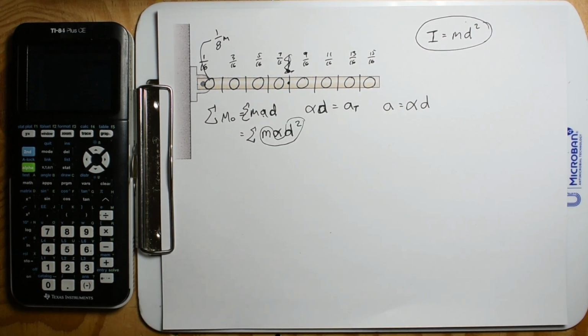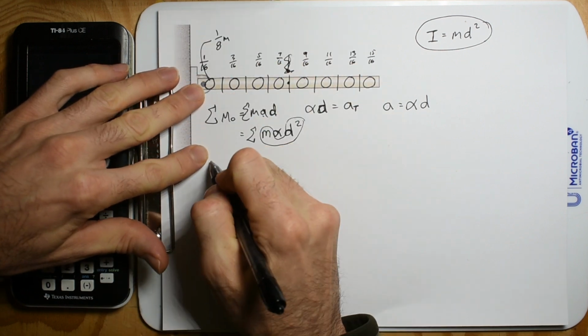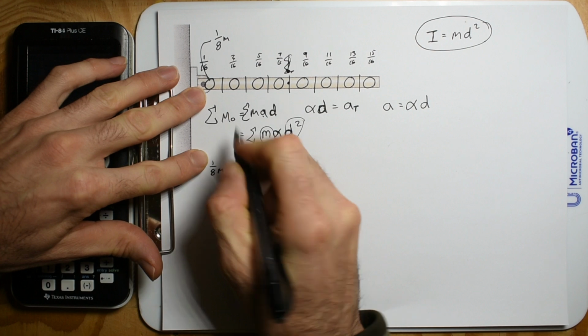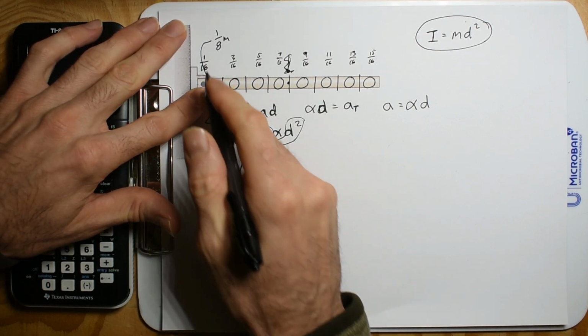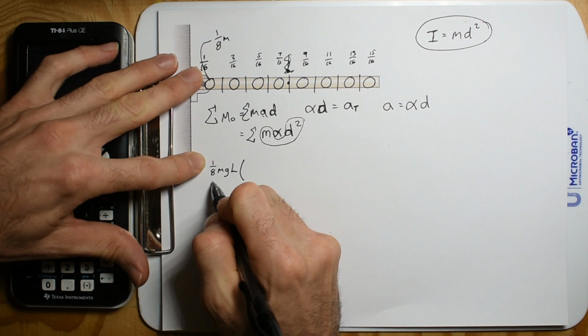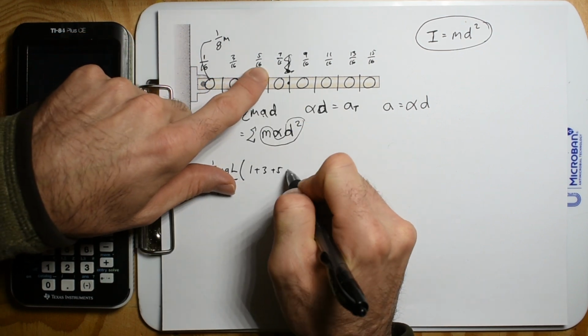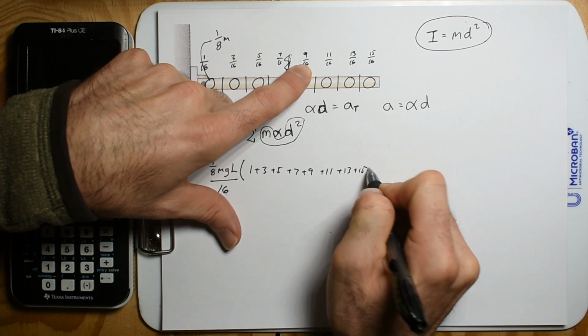All right, heck yeah. So now we're just getting a more general equation. All these torques are going to be that 1/8 mass times gravity times the distance L to them, but that distance L is going to be 1/16, and so I'm just going to divide by a 16 because I'm going to have 1 plus 3 plus 5 plus 7 plus 9 plus 11 plus 13 plus 15.